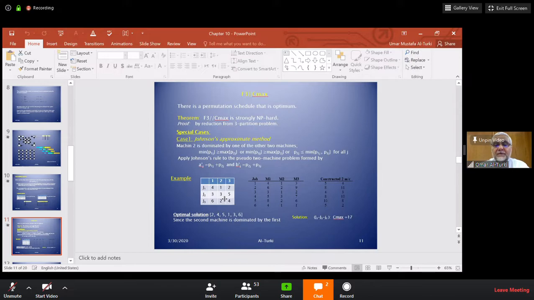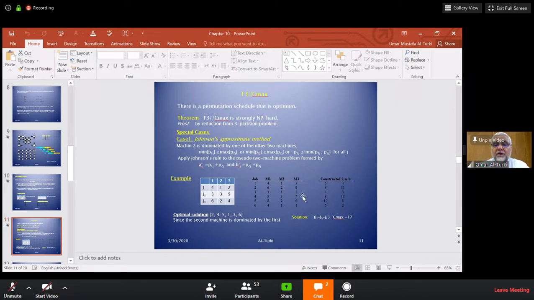Which goes like this. I will sum up machine 2 with machine 1, so I will have 5 here, 8 here, 4 here, and so on. And I will also combine machine 2 with machine 3, so I will have 4, 11, 3, 10, and so on.